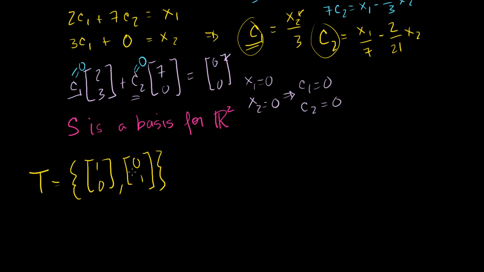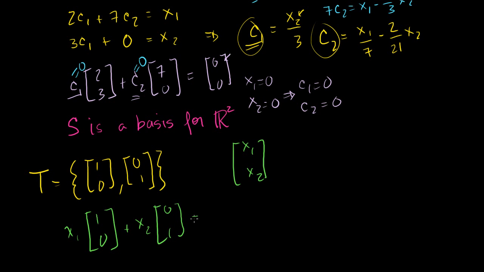Let's say I want to get to x1, x2. How can I construct that out of these two vectors? Well, if I always just do x1 times (1, 0) plus x2 times (0, 1), that'll always give me x1, x2. So this definitely does span R2.